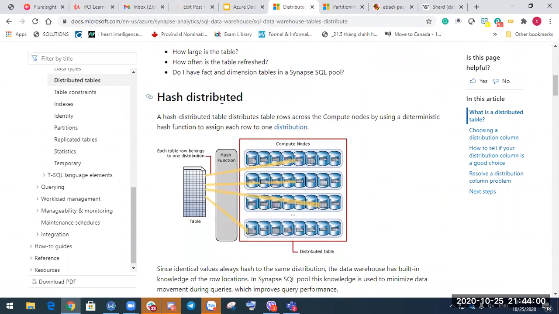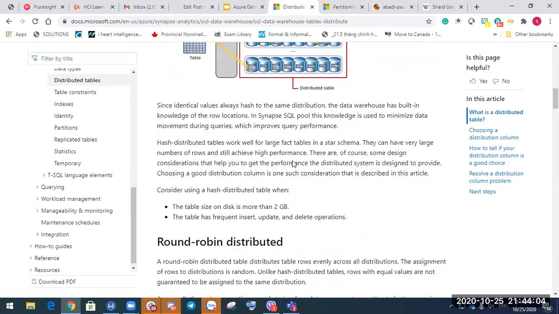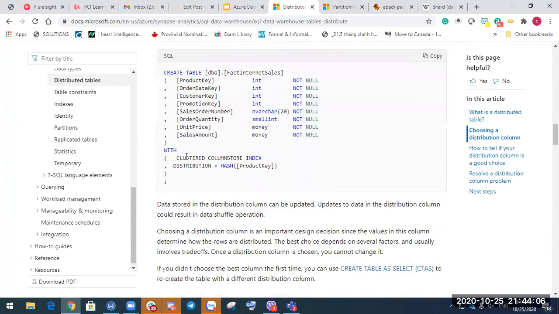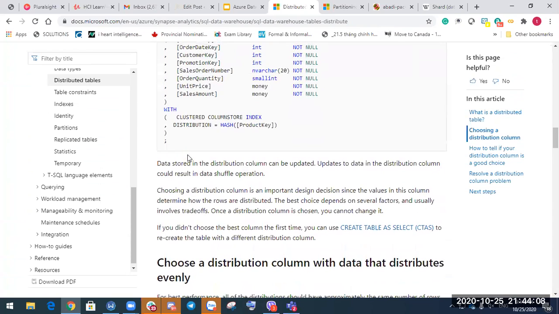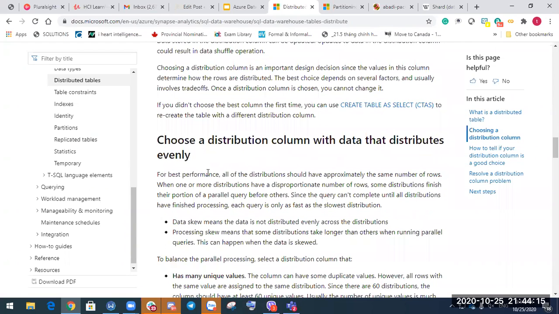I'll go over this algorithm once we reach the Azure part, but I want to mention this: choose distribution columns, and how is data skew.